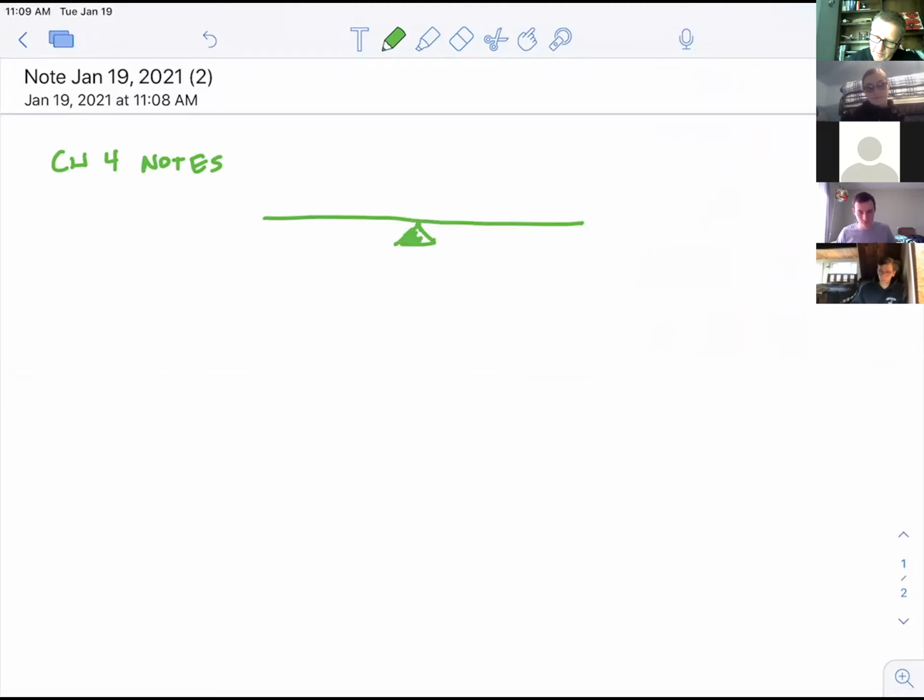Like if you have a teeter-totter here and you've got, say, a 120-pound kid up here, and let's say you've got a 180-pound kid over here, what's going to happen to that teeter-totter? Is it going to go down to the left or down to the right?